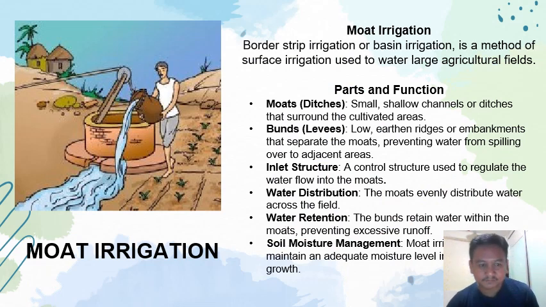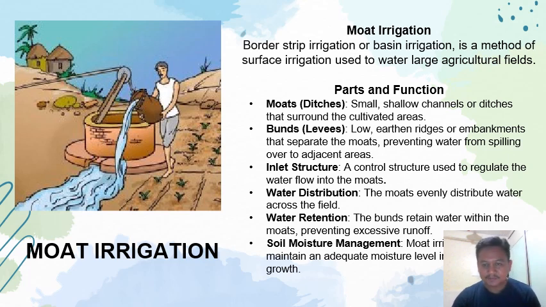What is moat irrigation? Moat irrigation is border strip irrigation or basin irrigation. It's a method of surface irrigation used to water large agricultural fields. Parts and function. First, moat, small, shallow channels or ditches that surround the cultivated area.